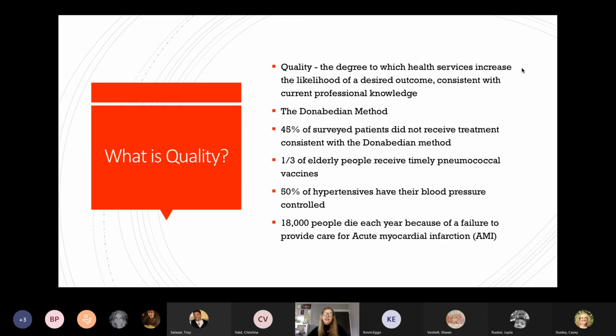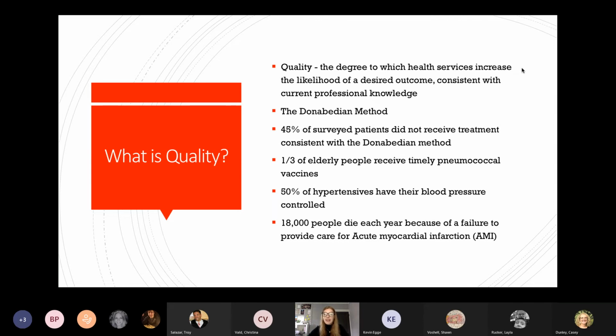So this was a very statistics-heavy course. And I'm going to be reading out a lot of statistics to you today, but what I'm hoping you can see is how these statistics tell a story, what they show about our healthcare system. So only a third of elderly people received their timely pneumococcal vaccines. Only half of hypertensives have their blood pressure controlled.